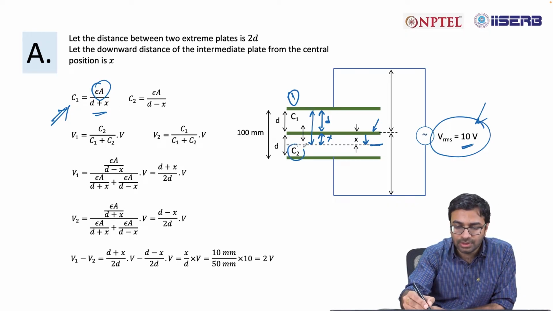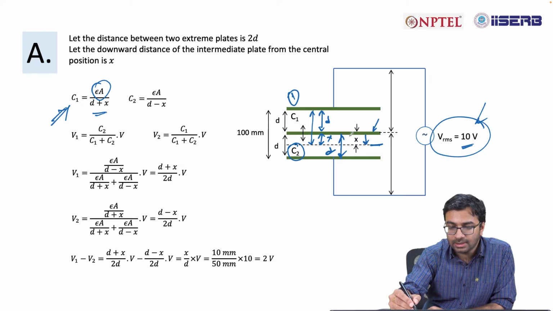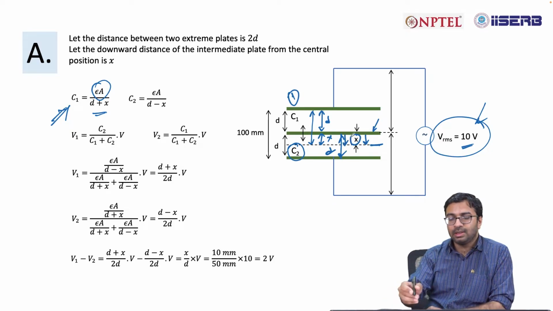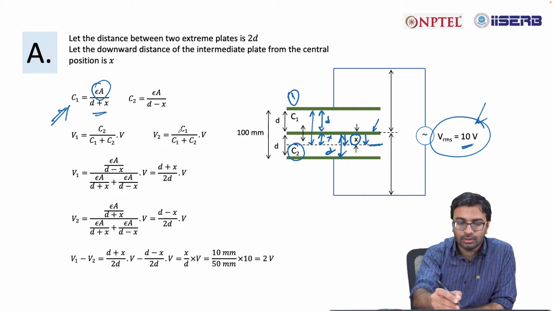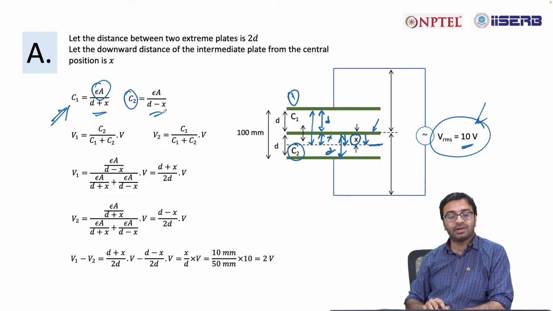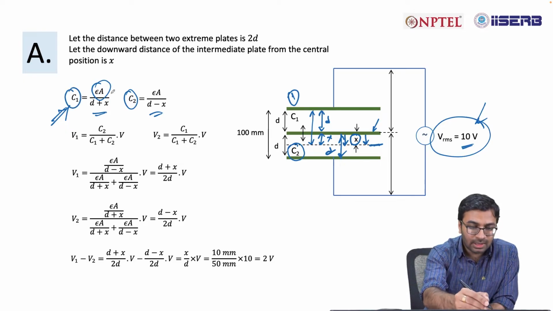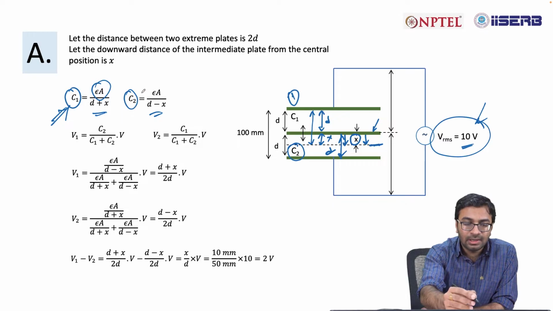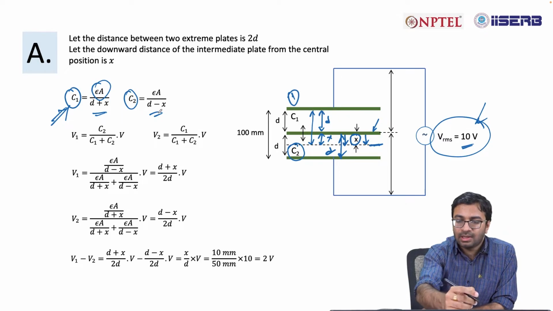Similarly, the value of C2 will be d minus x, because now this plate is in the new position. So, for C2 the value is epsilon A divided by d minus x. In the first case C1 is epsilon A divided by d plus x, in the second case C2 is epsilon A divided by d minus x.